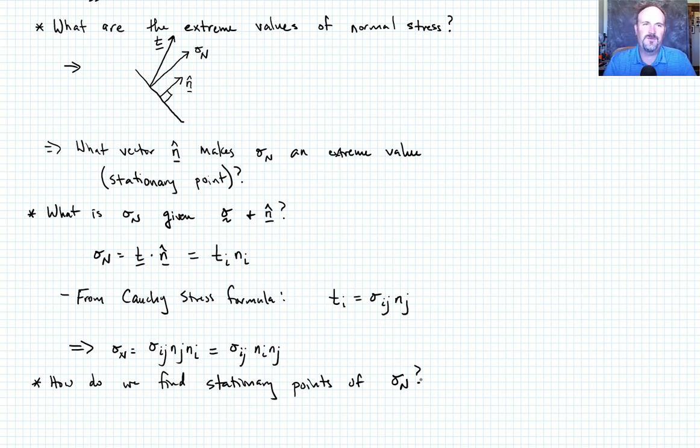But usually when I ask for extreme value, somebody invariably says we take the derivative and set it equal to 0. And that's exactly right. So I'll just say here that it's tempting to say, well, let's take the partial of sigma n with respect to, let's say, n_k, and set it equal to 0. That's a good first thought.